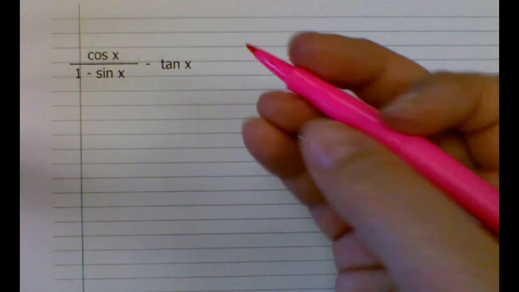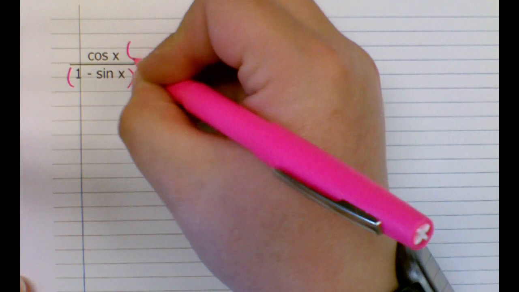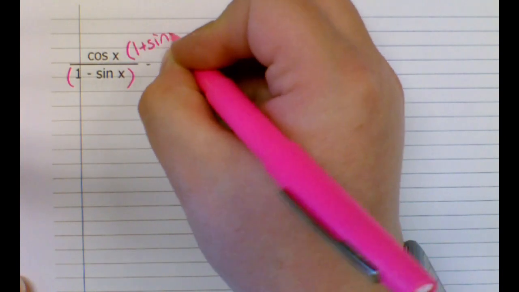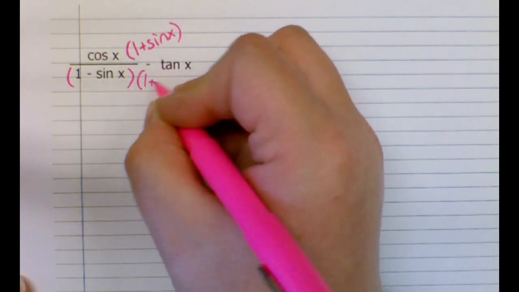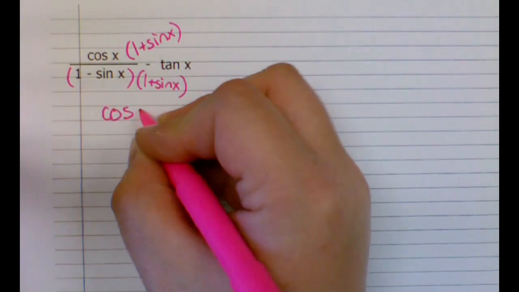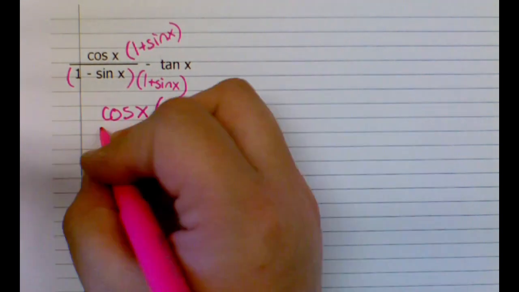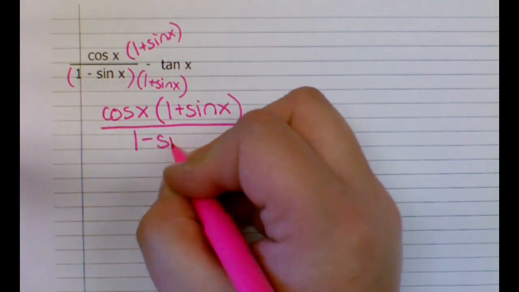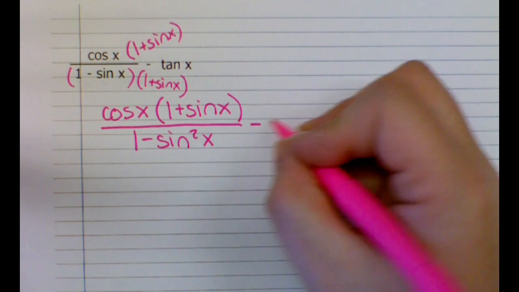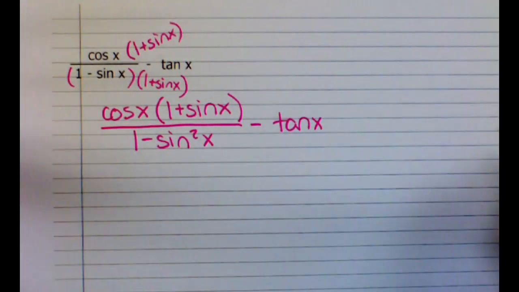All right, for this next one, there are all sorts of options. I see 1 minus sine of x, so I'm going to multiply this fraction by 1 plus sine of x. So I have cosine of x times 1 plus sine of x over 1 minus sine squared of x, minus tangent of x.